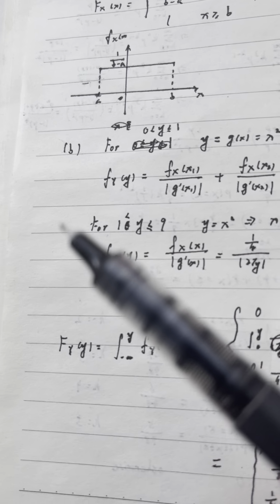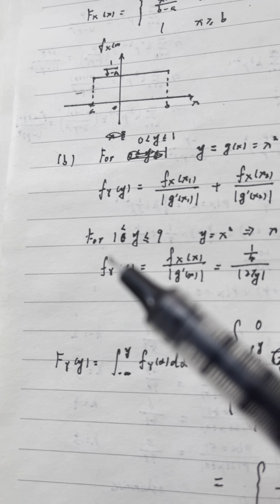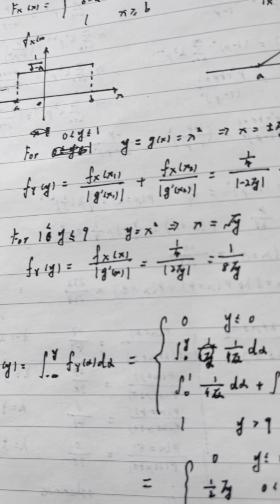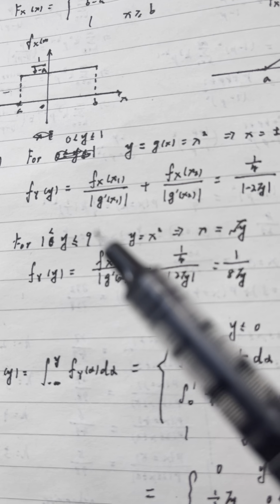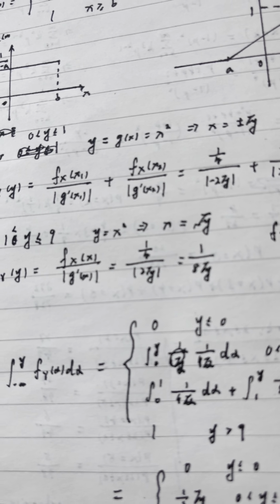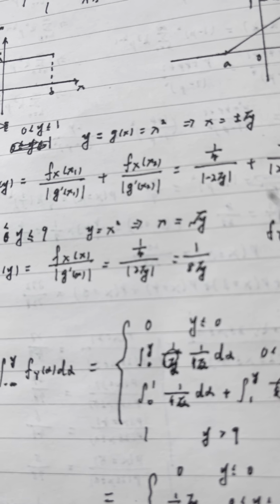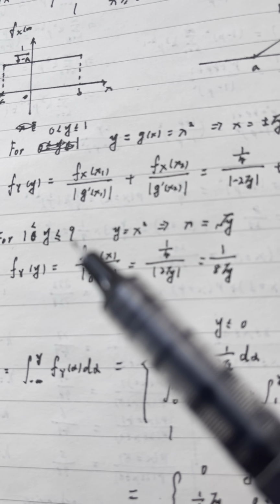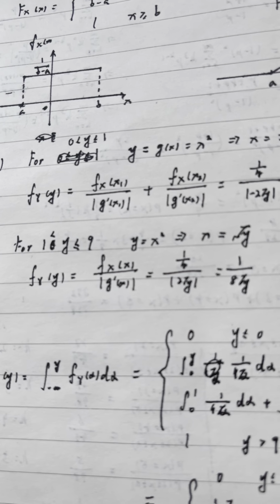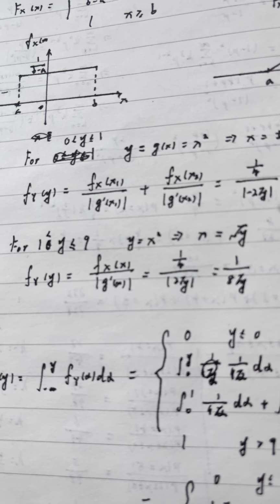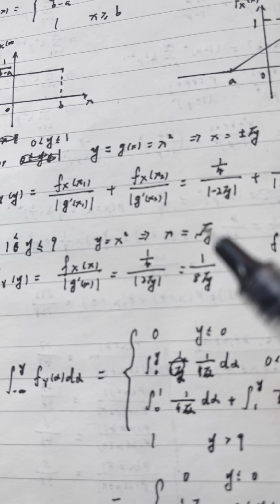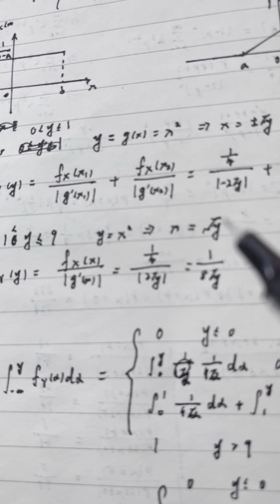For the other situation, when y is larger than 1 and smaller than or equal to 9, we have y equals x squared, but in this range x can only equal square root of y, because when y is larger than 1 and smaller than 9, x is larger than 1. So we can only have this root, square root of y.